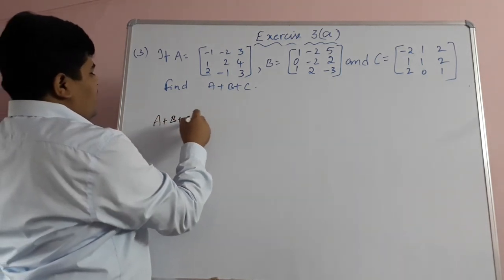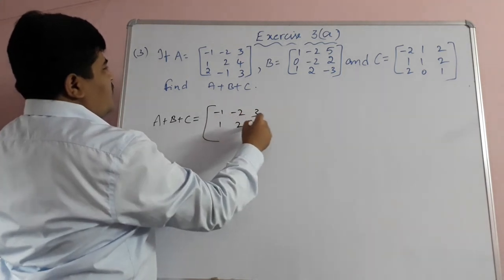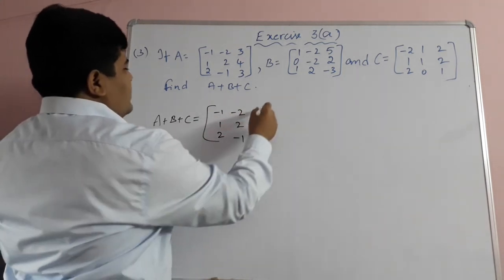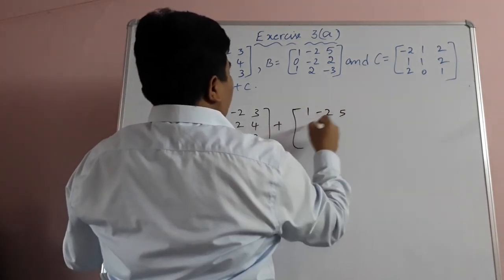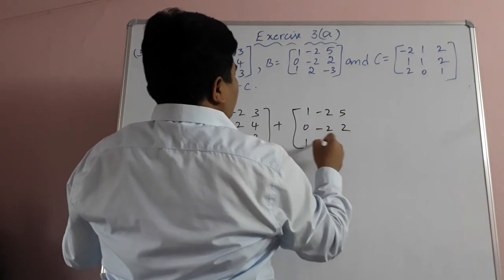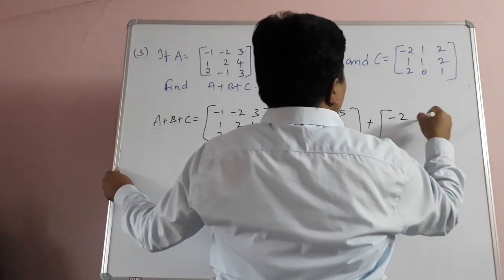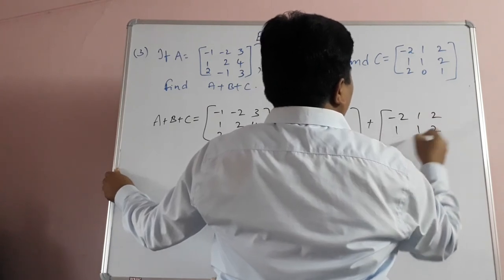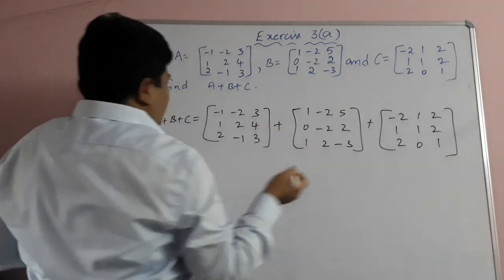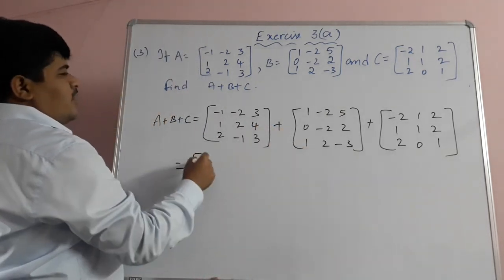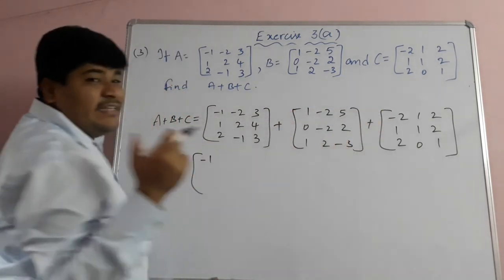So A plus B plus C is equal to A plus B plus C with all the matrices written out. Here we need to add all the corresponding elements. So minus 1, A11, B11, C11. We are adding three matrices.